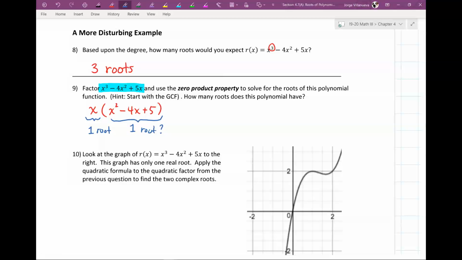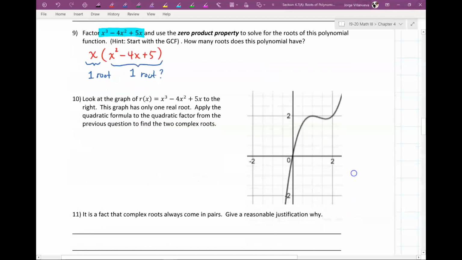So look at question 10. It says, look at the graph of this function. So here it is. There's the picture. The graph has only 1 real root. It's right there, right at the origin. So if it only has 1 real root, what are the other answers called? Someone said it.